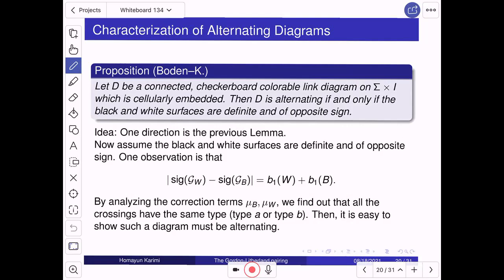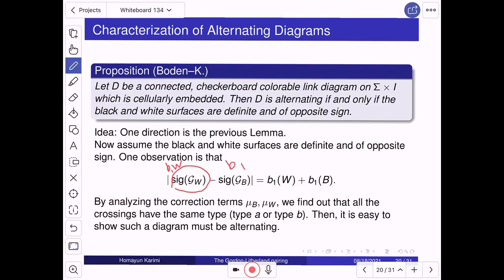If you look at the difference between signatures, because say this one is positive definite, you get b1 of W, the entire rank of the first homology, as a signature, and the other one is negative, so you get negative b1.